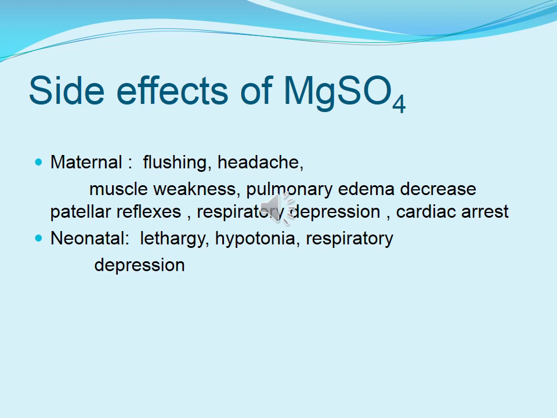On the fetus, it causes lethargy, hypotonia, and respiratory depression. This is a very dangerous drug because its therapeutic index is very close to its toxic index. So we should give it by infusion with close monitoring of the mother as well as the fetus.